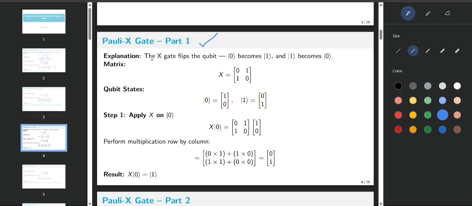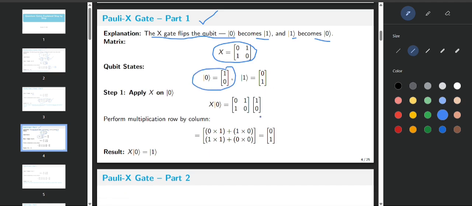Now this is the important gate, the Pauli-X gate. The Pauli-X gate flips the qubit. For example, if your qubit is 0, then it becomes 1. If the qubit is 1, then it becomes 0. This is the matrix representation of the Pauli-X gate.